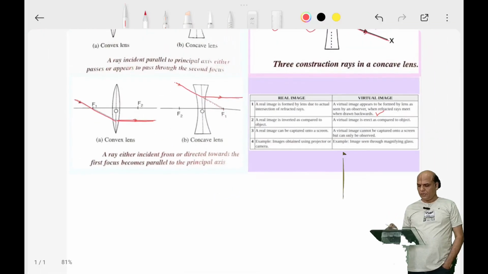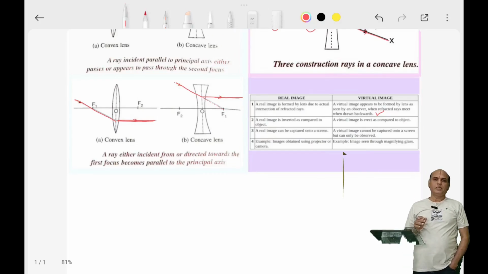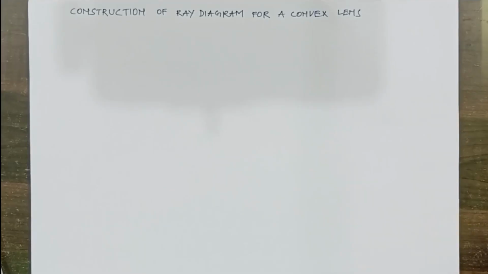Okay. So now we will see how to draw ray diagrams for a convex lens and then concave. Let's construct a ray diagram for a convex lens.